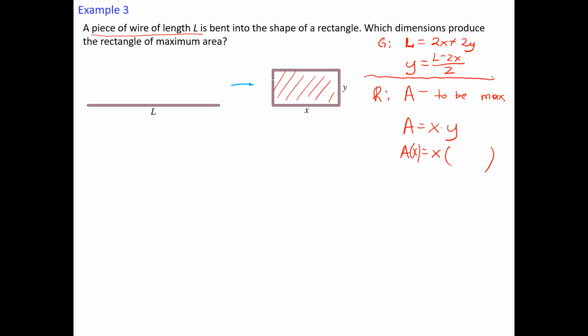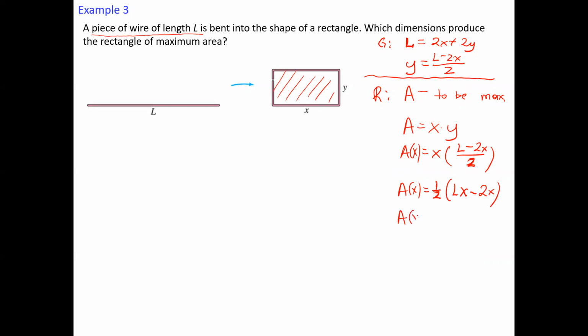Perfect. Let's take this L minus 2x, divide by 2, and multiply this by x. 2 is like 1/2. Yeah? 1/2, and then L times x minus x times 2x.